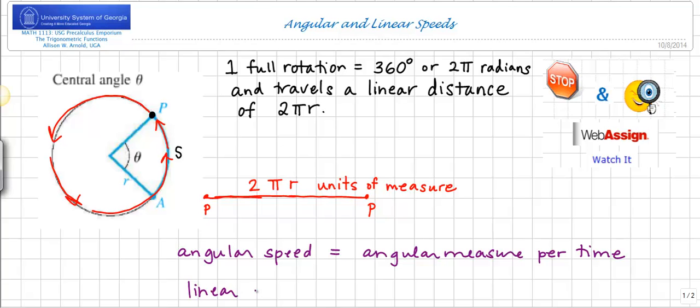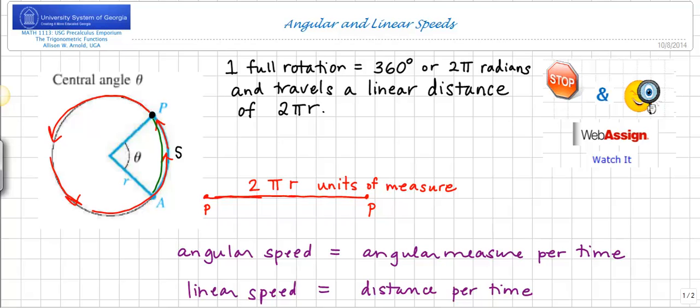Whereas linear speed is a measure of how fast I travel the distance around the circle. So it's distance per time. Okay, and that distance sometimes could be not the entire distance around the circle, but simply a portion of the circle's full distance or arc length.